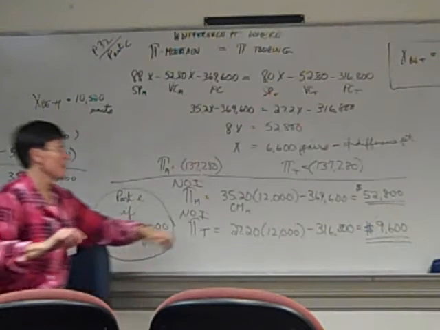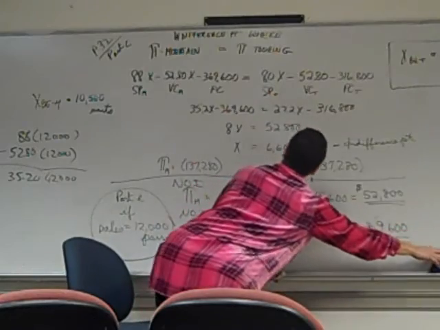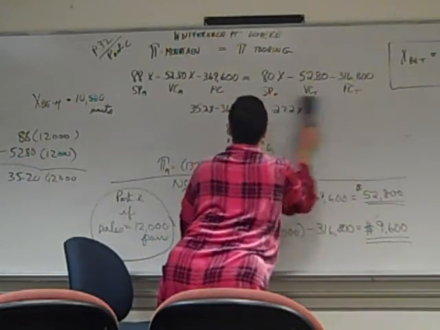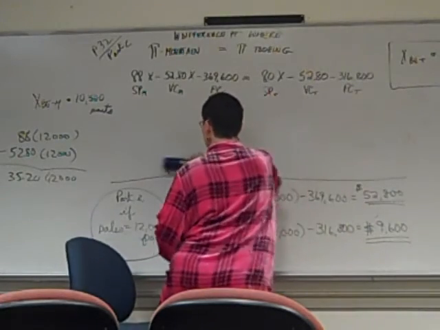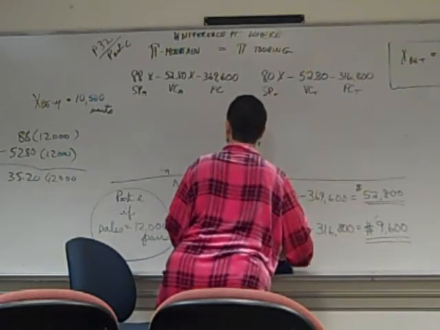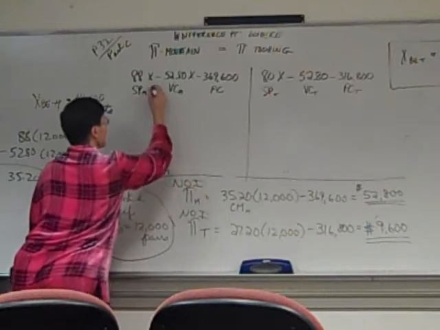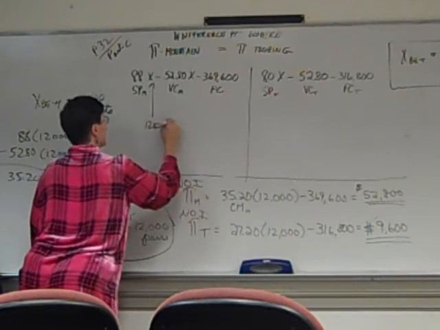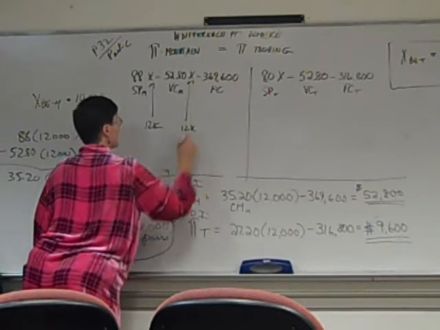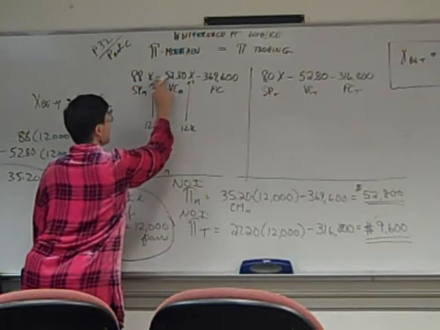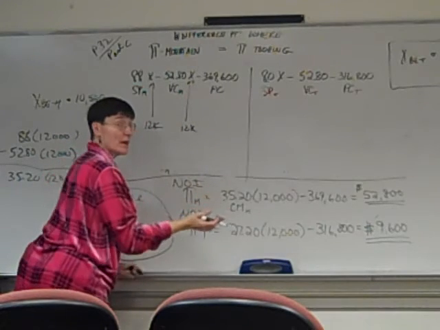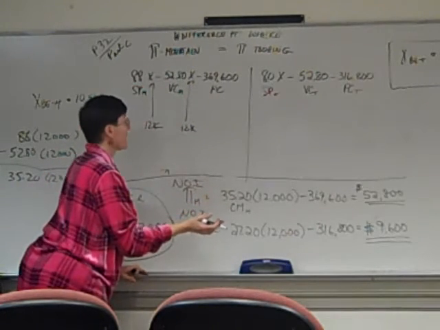See, okay? I'm going to get rid of the indifference point now. All I did in Part E was, instead of an indifference point, I stuck 12,000 in here. Well, 88 minus 5280 is 3520. Okay?